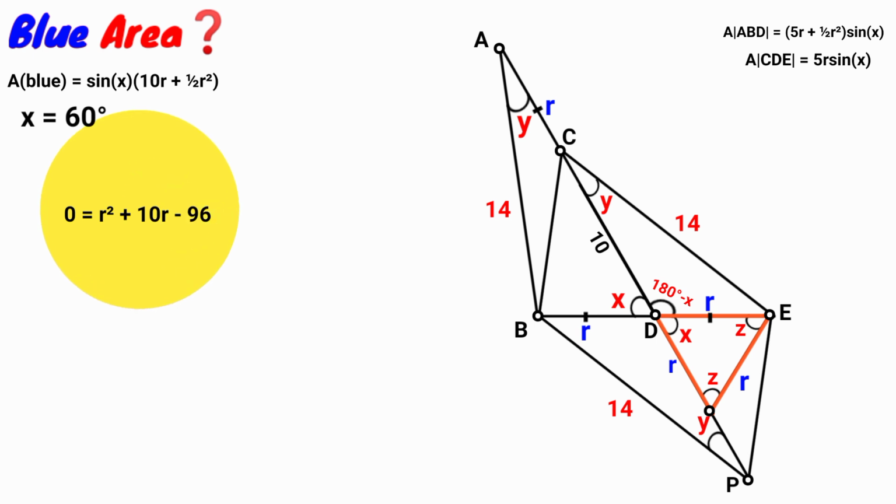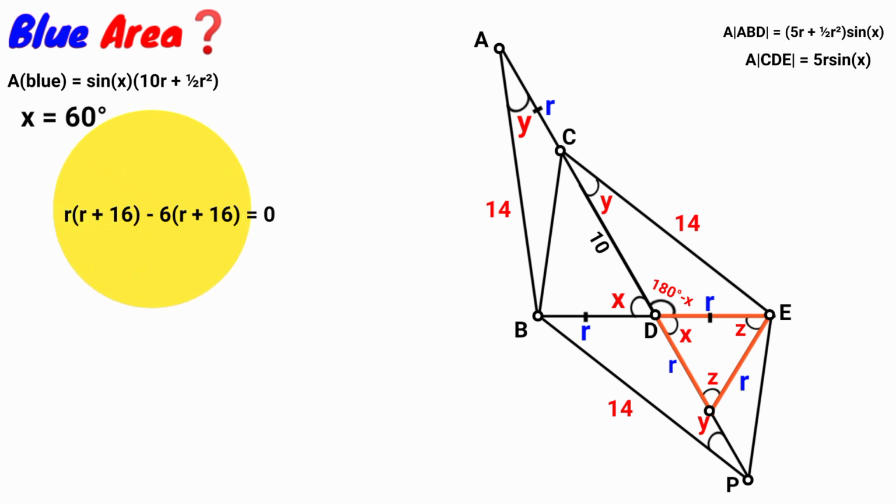So 0 equals R squared plus 10R minus 96. Here 10R is the same as 16R minus 6R. From R squared plus 16R we factor out R. So it is R into bracket R plus 16. Here minus 6R minus 96. Factor out minus 6. So it is minus 6 into bracket R plus 16.